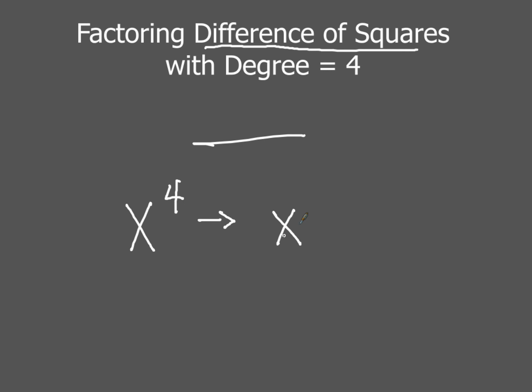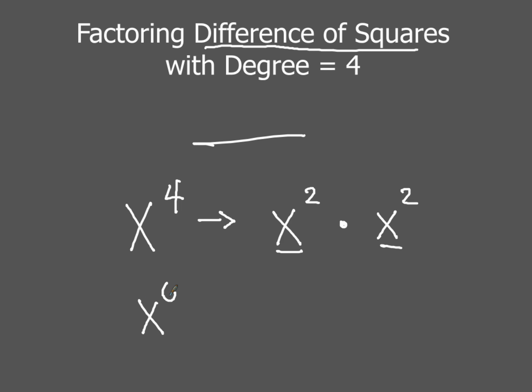That's going to end up factoring into x squared and then another x squared, because x squared times x squared gives you x to the 4th. Remember your exponent rules: if you have the same base, in this case x, you add the exponents, and 2 plus 2 gives you 4. This could be true of any even degree function.